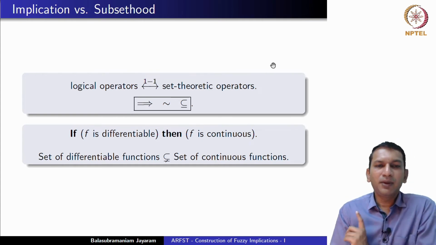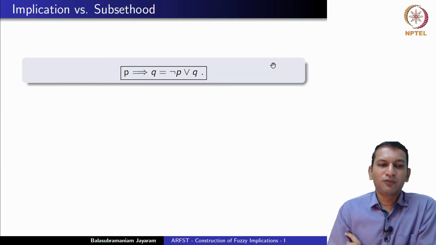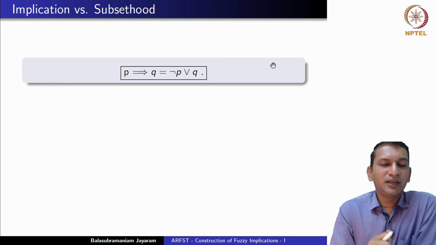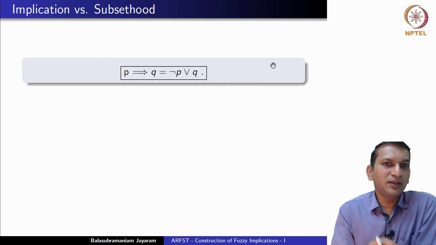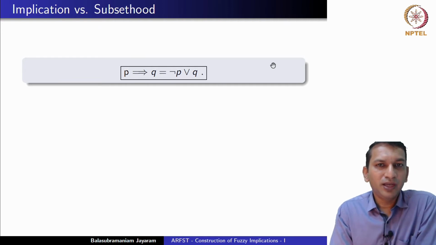But implication is not just subsethood. For instance, look at this formula. P implies Q. We have equivalently written it as negation P or Q. So now when you are looking at when this conditional is true, it is not only required that whenever P is true, Q is true, but even when P is not true, it becomes true.